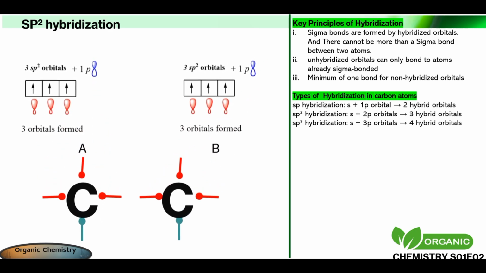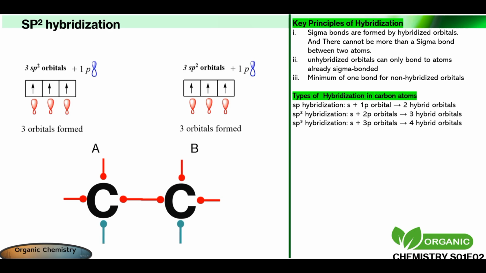So if we have two carbon atoms coming together with this sp2 hybridization, how do they bond? Remember, we can only have one sigma bond between two atoms. The two carbon atoms catenate through the two sp2 hybridized orbitals containing one unpaired electron each, contributed by each of the carbon atoms in covalent bond. The four unpaired electrons from the remaining hybridized orbitals bond with other atoms. But we have only two unhybridized orbitals.